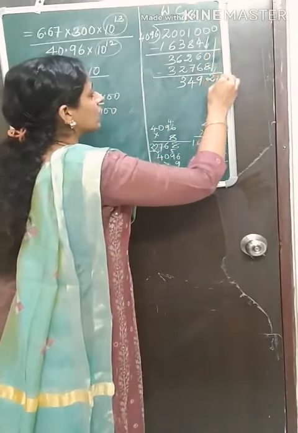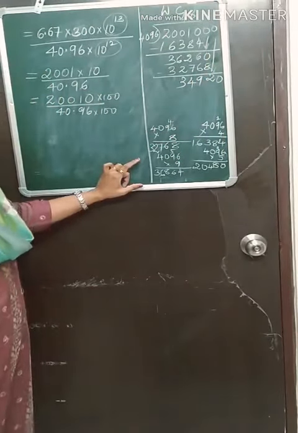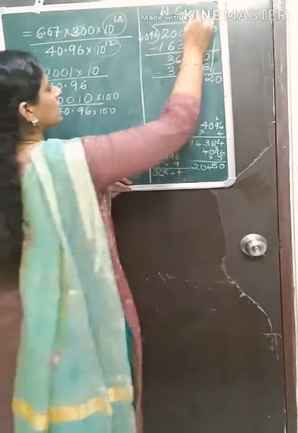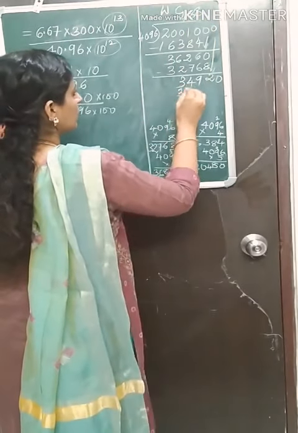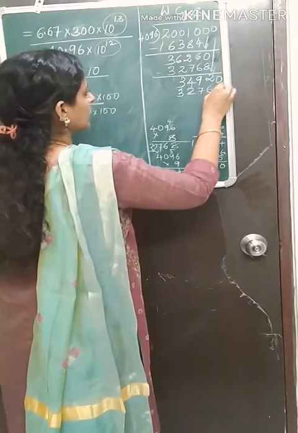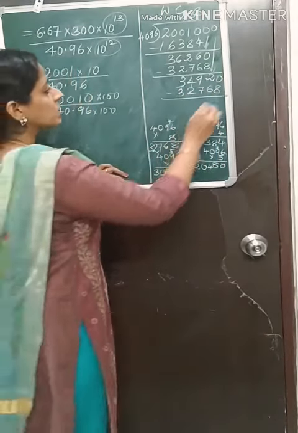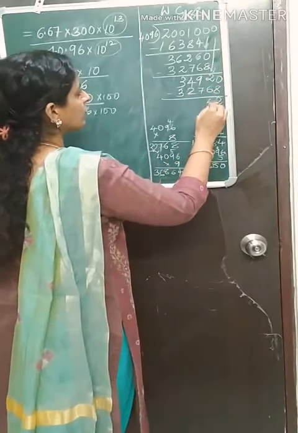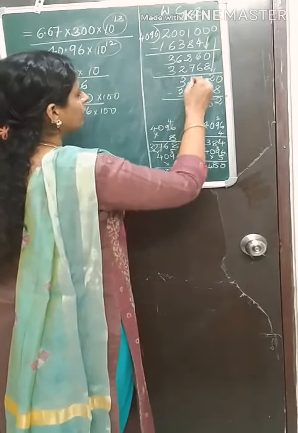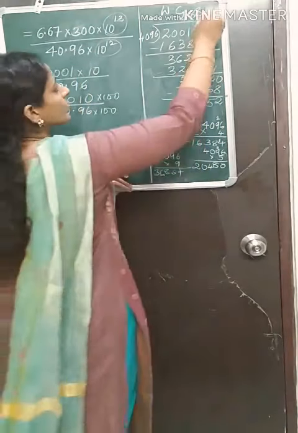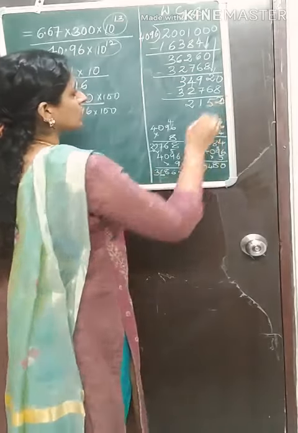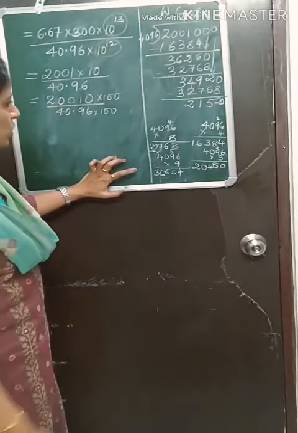Bring the next digit down, 0. So we have 34. Again we'll take 8s, 32768. Subtract: 10 minus 8 is 2, 11 minus 6 is 5, 8 minus 7 is 1, 4 minus 2 is 2. Now put a decimal point, put a 0, 21520.